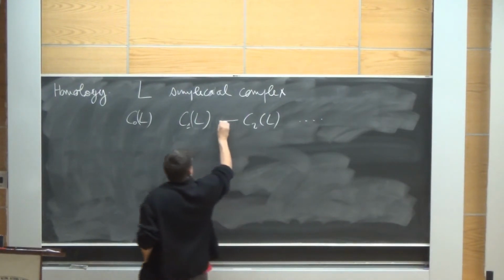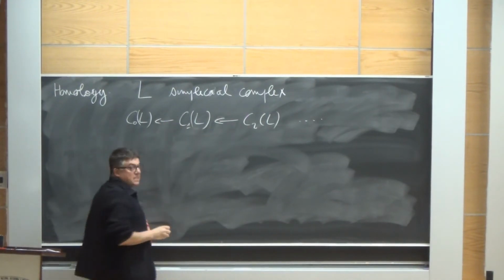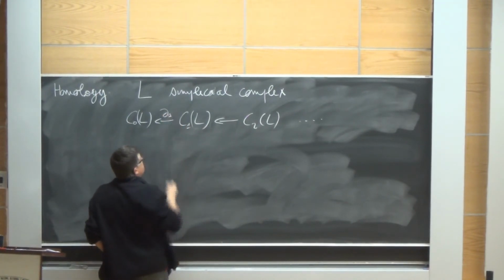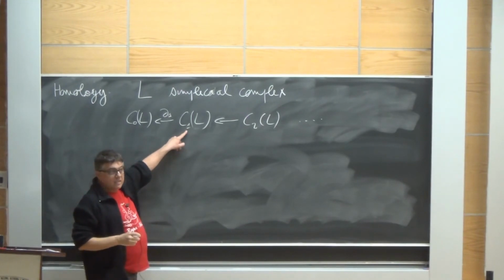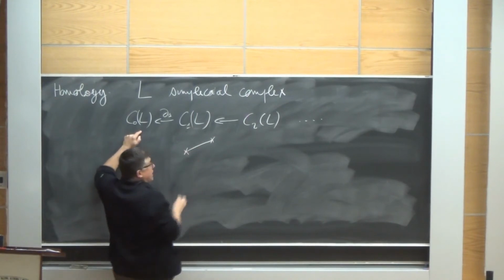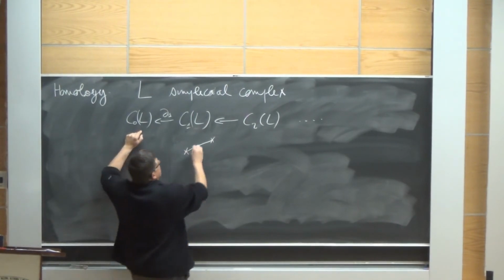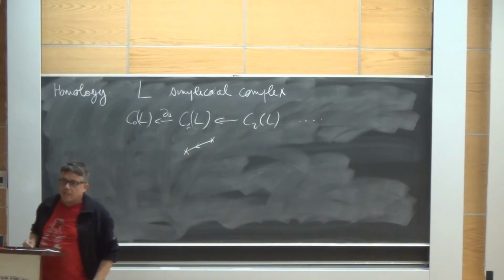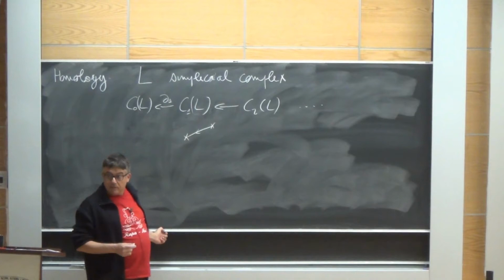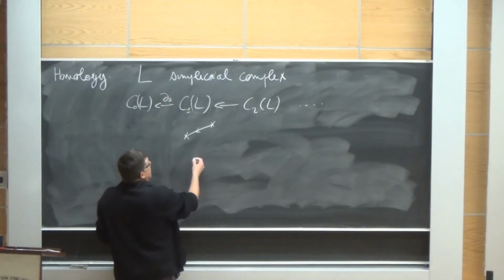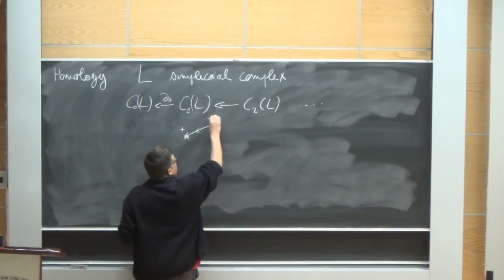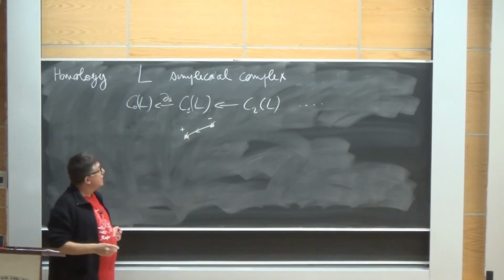And we have linear maps between these spaces. So for instance, what is the boundary map from this to that? If you have one edge like that, let's say an oriented edge, the other orientation gives you just the opposite vector. What is the boundary? It's +1 on this vertex and -1 on that vertex.